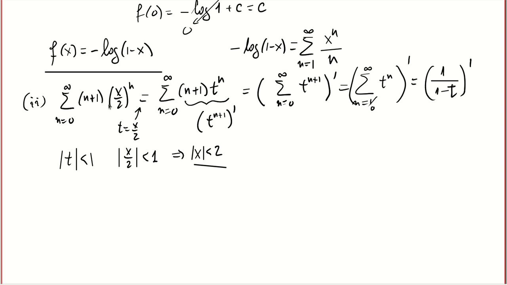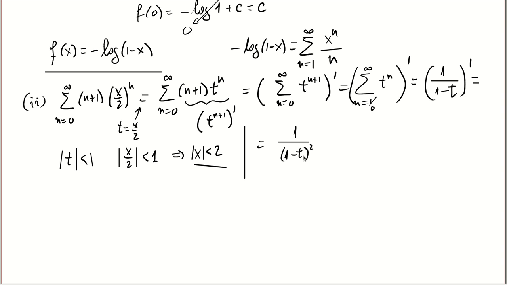Now let me continue. The derivative is 1 over 1 minus t squared. And if you remember from previous exercises, the sum of this series... oh sorry, no, this is already the sum of this series.